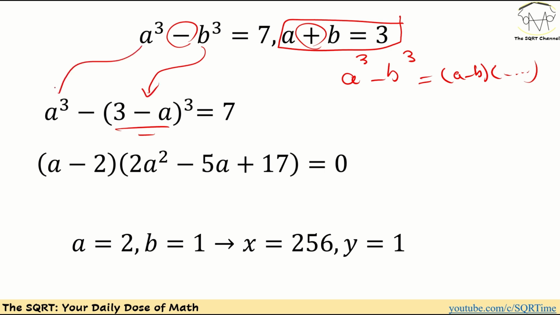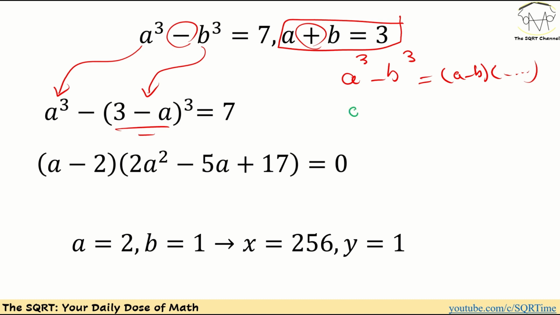The first term is exactly as what we have. So here we have a cube minus (3 minus a) to the power of 3 is 7. And we want to simplify it a little bit further. To do this, we are going to just take a normal algebraic approach.